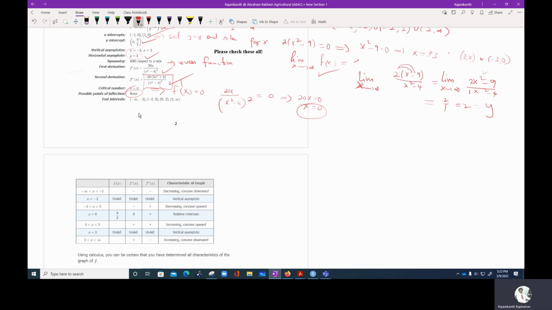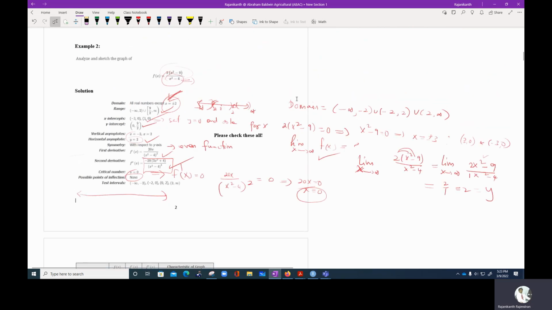Remember, my domain now has so many pieces, right? So if you draw the domain, remember we were drawing earlier, negative 2 and 2 are not included in your domain. Your function has so many sub-intervals, right? Now here 0 is going to be the candidate of the critical point.